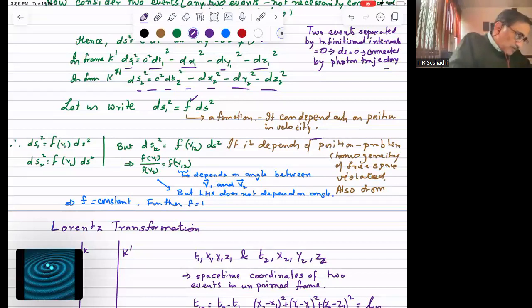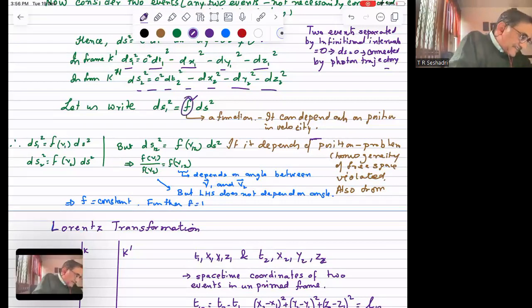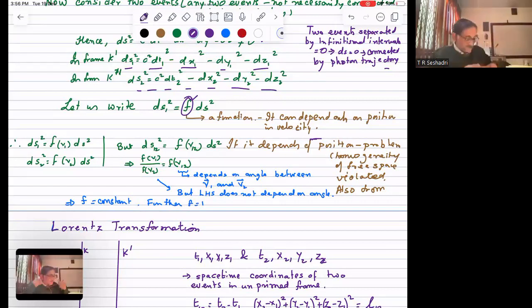Yes, it is visible now. Okay, so the F which is here depends only on the speed.